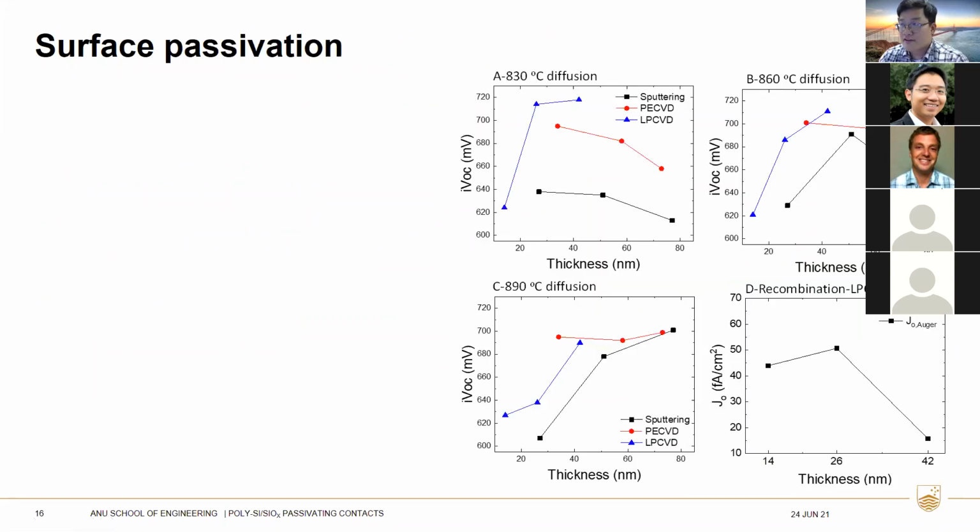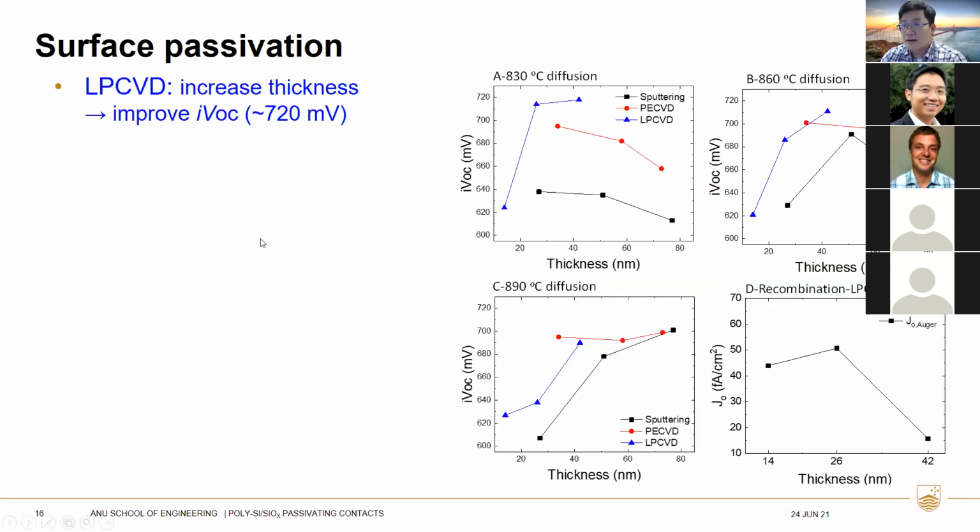Regarding surface passivation, we can see in the figure that for the LPCVD samples, increasing the thickness shows improvement in iVoc, and it can reach 720 millivolts without any hydrogenation.